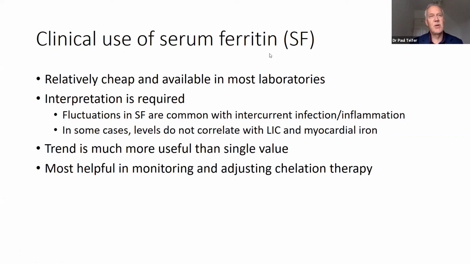And I think the most important thing is that the trend over time is really important to monitor and use. And if you look at the guidelines for use of the newer chelating agents, particularly Exjade or deferasirox, serum ferritin is really the most common or the recommended indicator for making adjustments in dosage of Exjade.